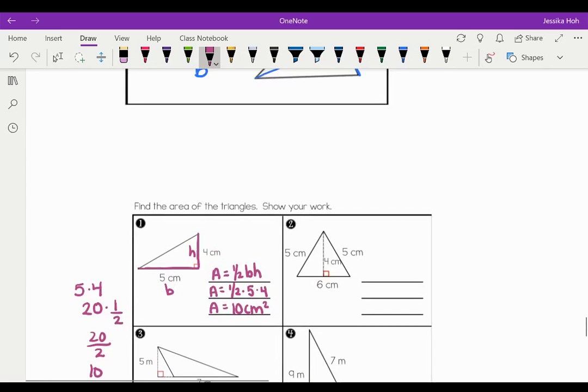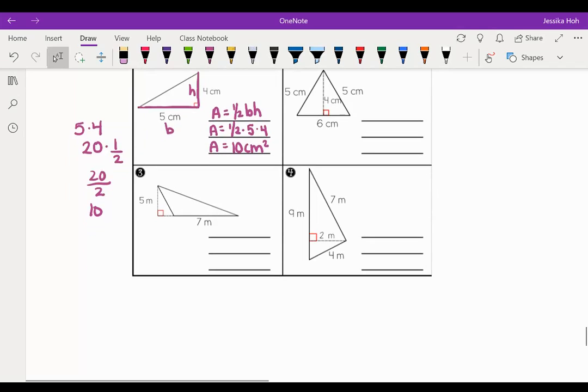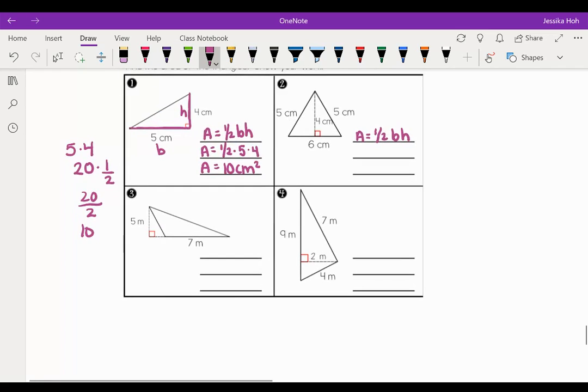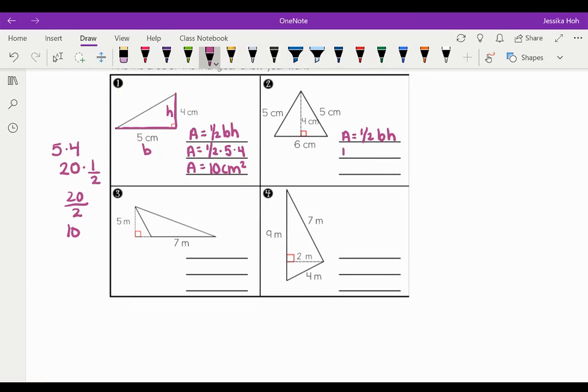Okay, for number 2, area equals 1/2 base times height. Area equals 1/2. So my base and my height, let's figure that out. There's a whole bunch of numbers here.